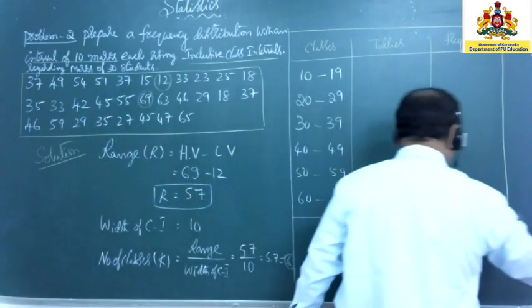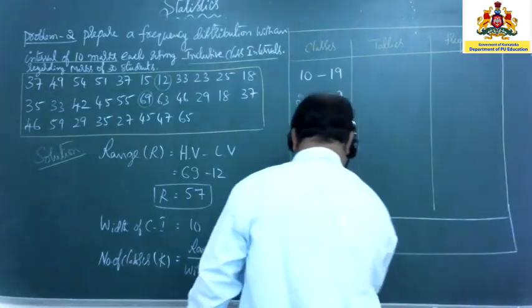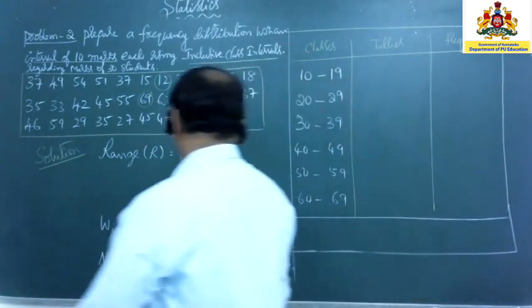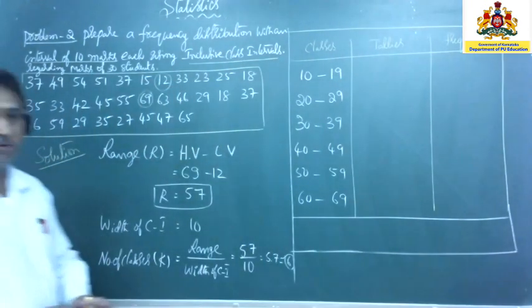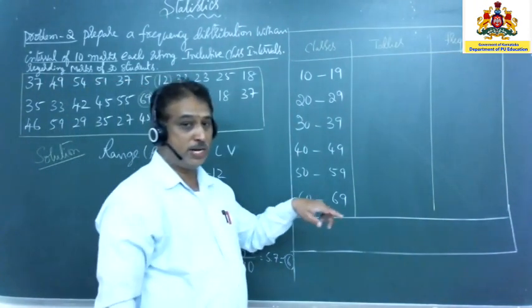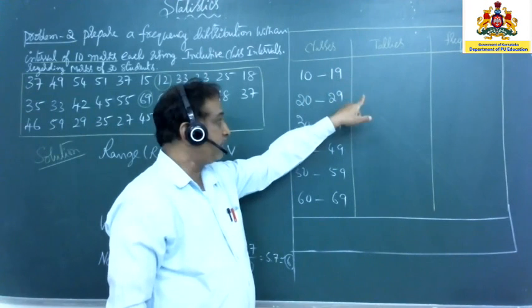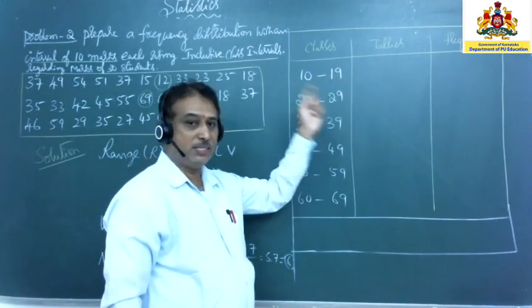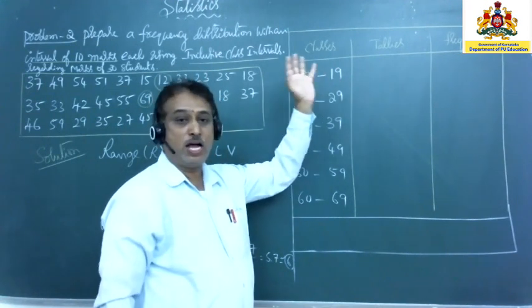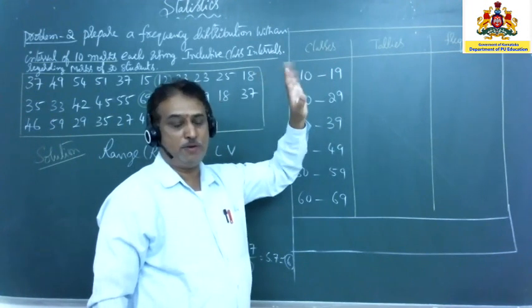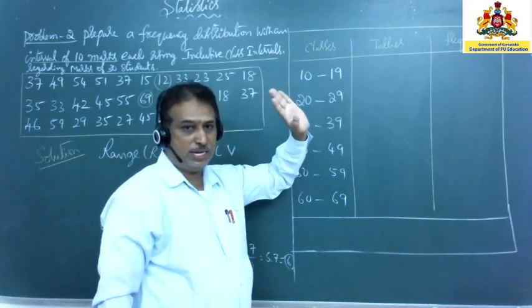Now we have to put the tallies. You know how to put the tallies, but in the exclusive type of class interval, a value of 20 is marked in the next class, because we are excluding the upper limit. That is the exclusive type of class intervals.